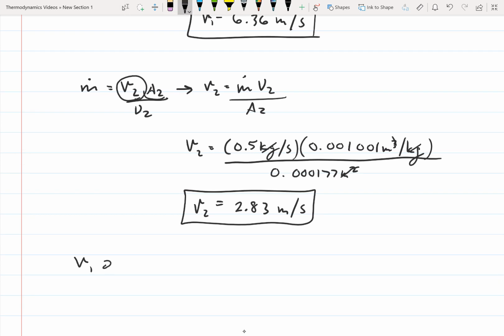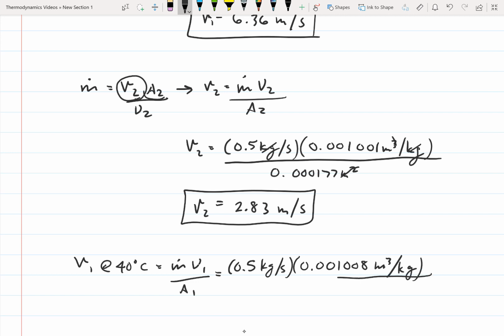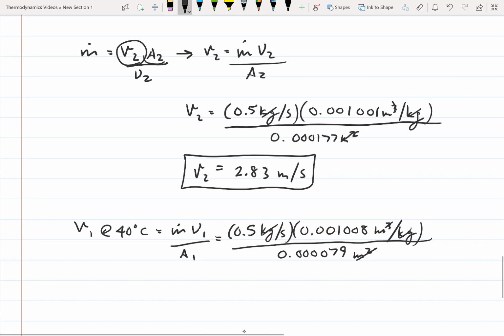So V1 at 40 degrees Celsius is equal to the mass flow rate, 0.5 kilograms per second, multiplied by the specific volume, which is different this time, 0.001008 meters cubed per kilogram, divided by the area, 0.000079 meters squared. It all cancels out the same as before.